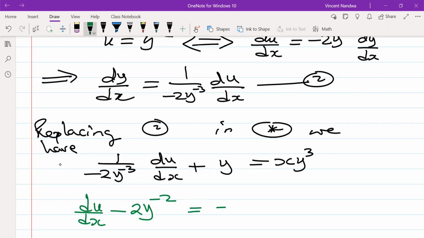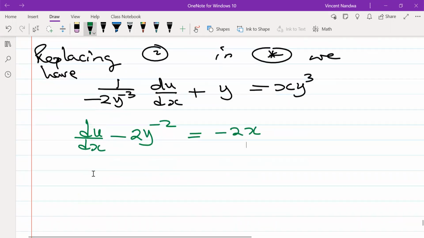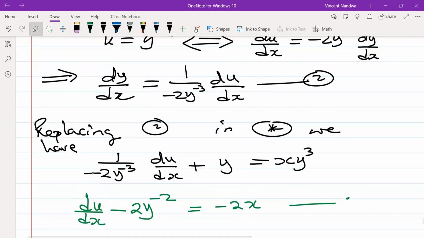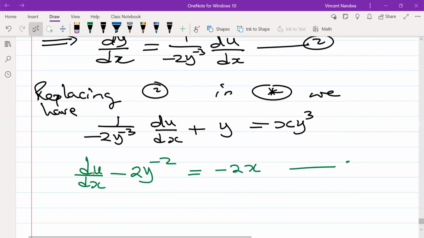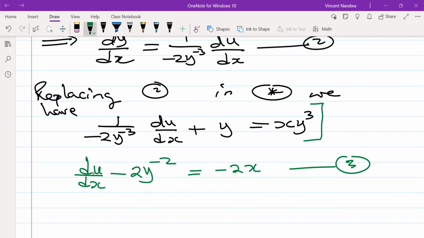Then this by this will be minus 2x, because minus 3 plus 3 is 0, y to the power 0 is 1. Call this equation 3, obtained by multiplying this equation by minus 2 y to the power minus 3.